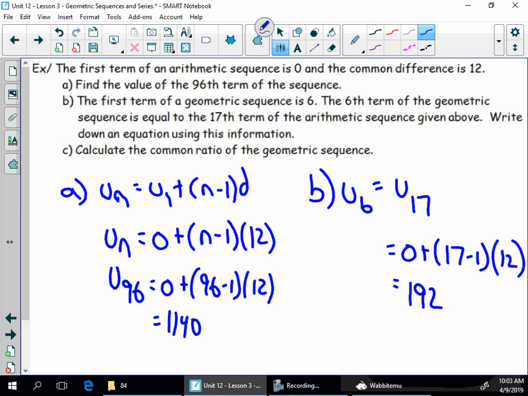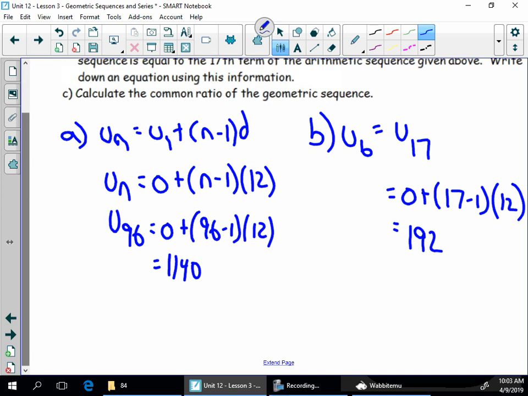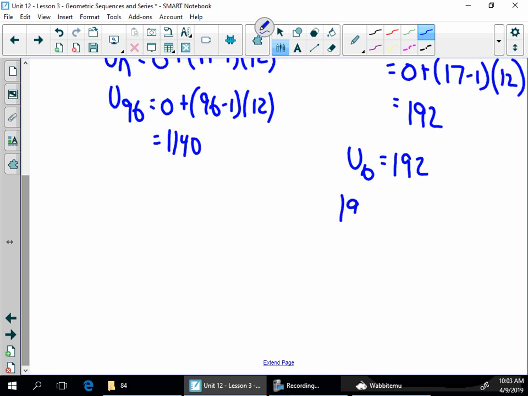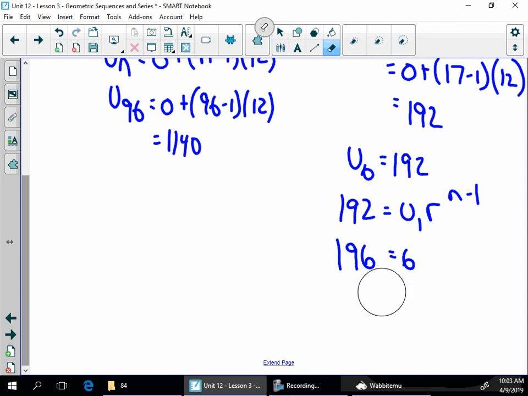I also know that the first term is 6. So what can I do here? I know that u6 is 192, so 192 will equal u1 times r to the n minus 1. But I know some more stuff.